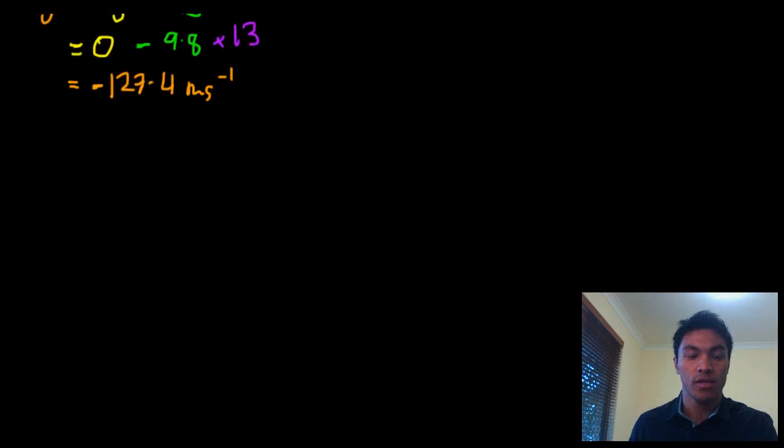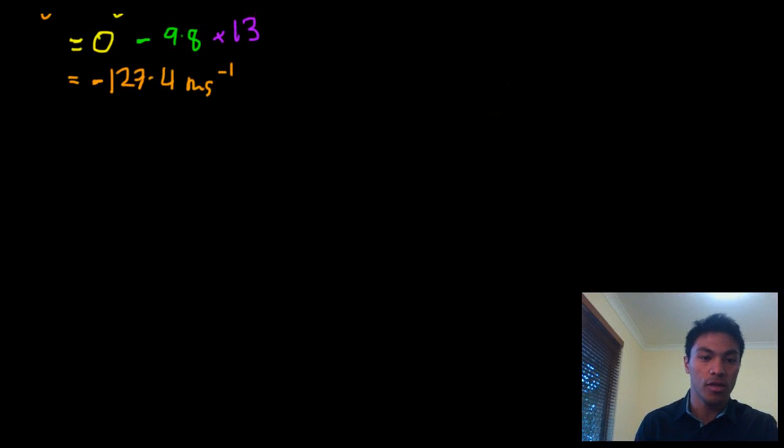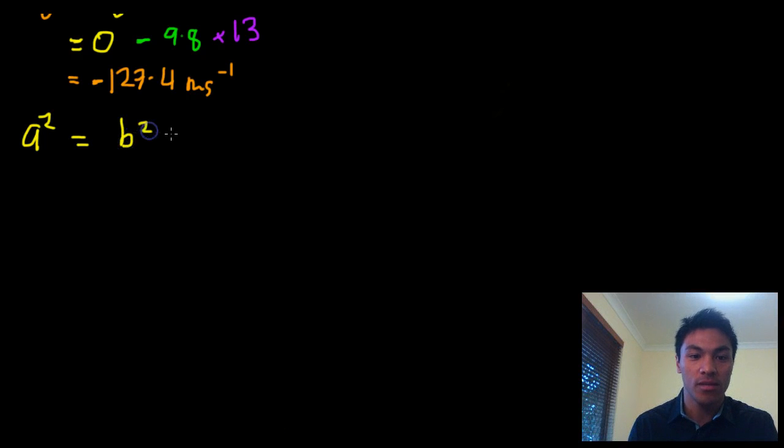So logically, we can do vector addition again. So we can use a bit of our Pythagorean theorem. Just to remind you, if you've forgotten your Pythagorean theorem, a squared, with a being the resultant, equals b squared plus c squared, with b and c being the components in your function.